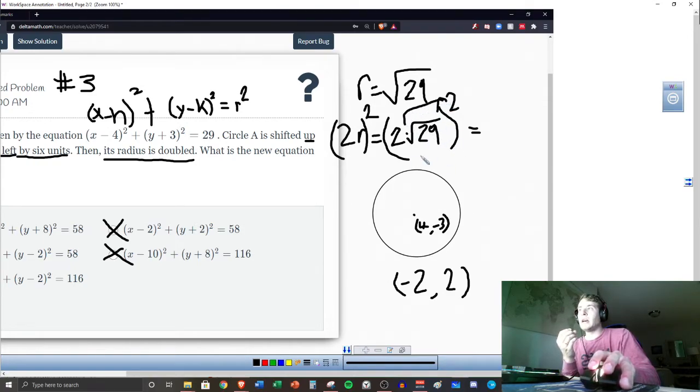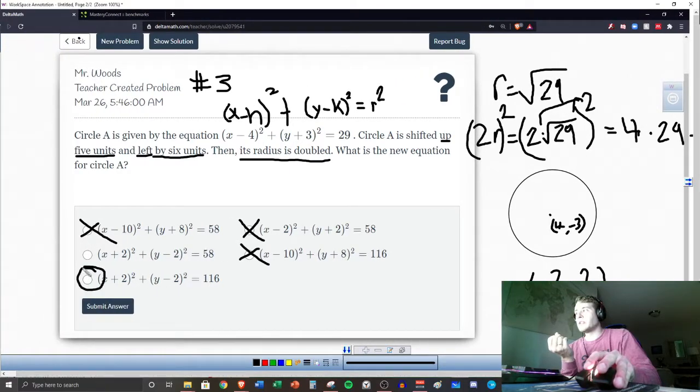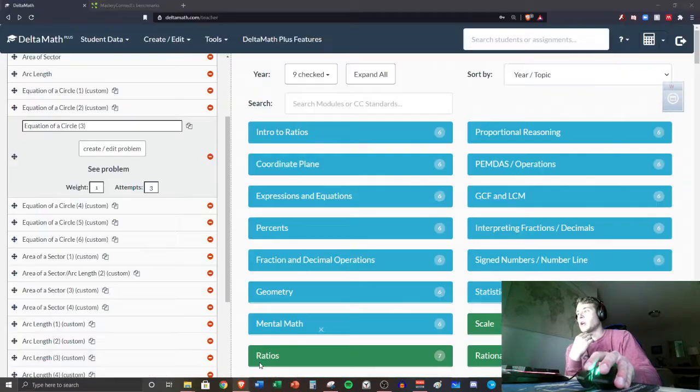And what happens when I square 2? Well, I get 4. And it's still multiplied by the square root of 29, but the square root goes away because it's an inverse, right? Now 4 times 29 is 116, so that's why the answer to this problem is this one here, okay? So that's number 3 on there.